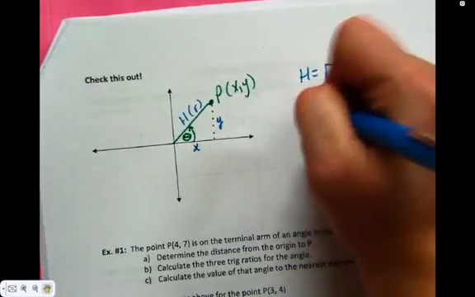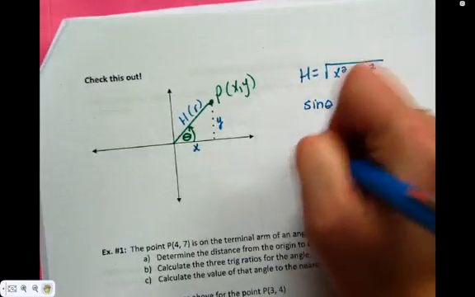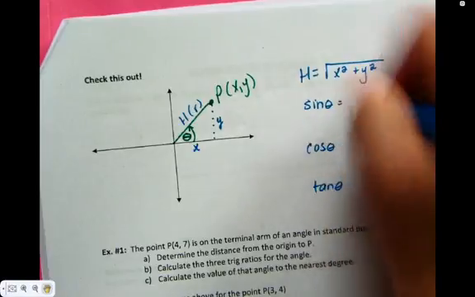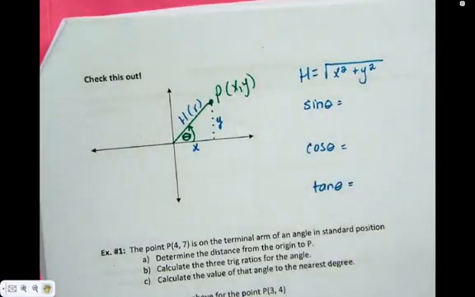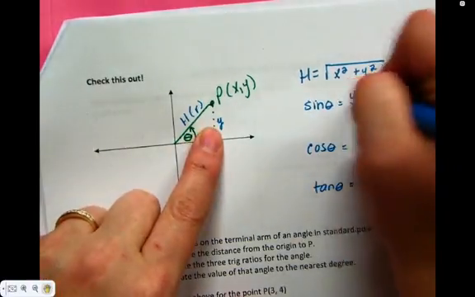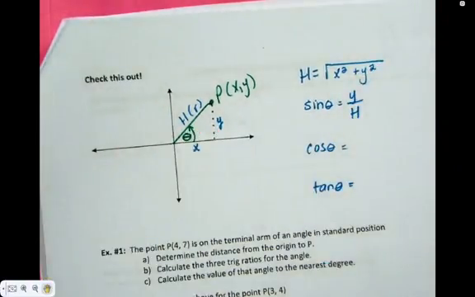And I can create three little generic formulas for sine, cos, and tan. And sine I know is O over h, but I've defined O as y and h as h or r, whatever you want to call it. Again, I typically call it h this year, and it's going to switch to r next year.